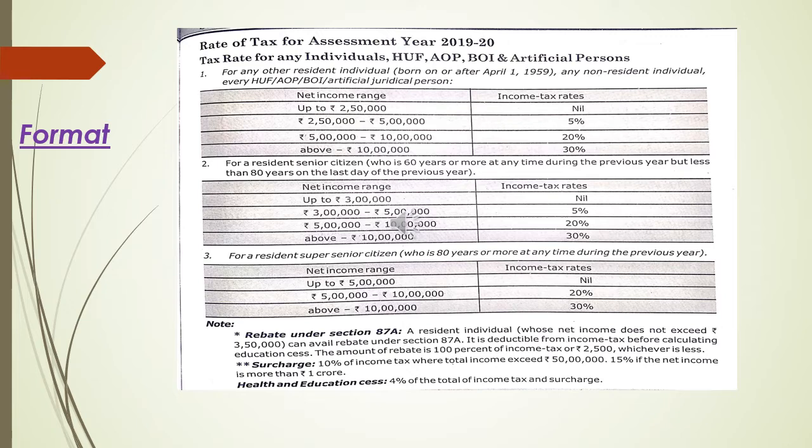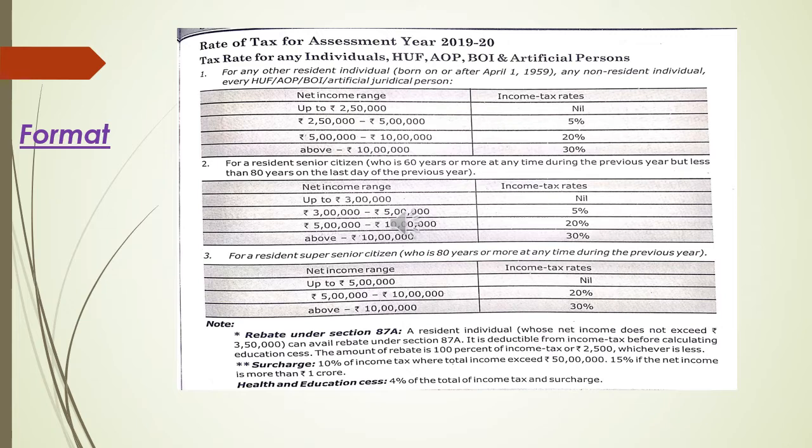Then 5 lakhs to 10 lakhs, 20%, 10 and above it is 30%. There is a third category of citizens who are called super senior citizens whose age is above 80 years. So for them, up to 5 lakhs there is no tax. 5 to 10 lakhs, 20%, 10 and above it is 30%.